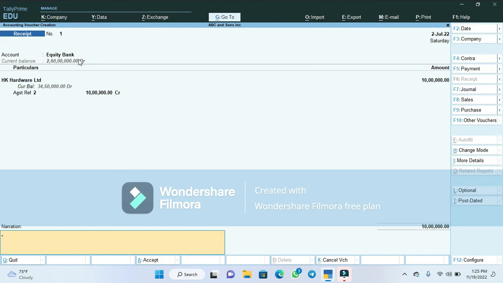Then the narration, you can say received UGX 1 million from HK Hardware Limited. So HK was happy and he paid us on 3rd of July.